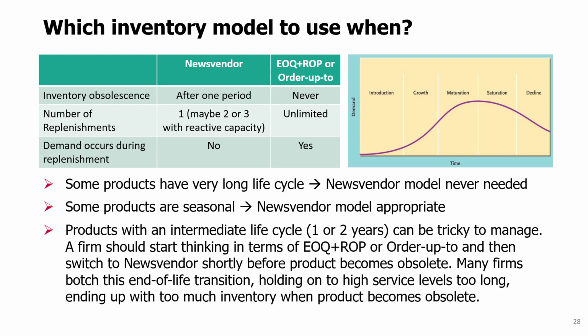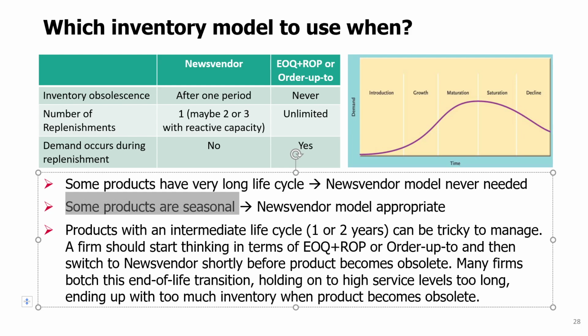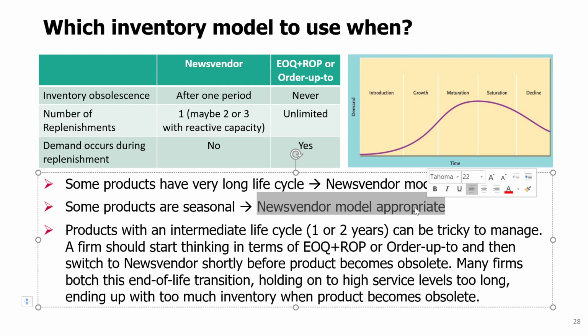Now, which inventory model do we use for which products? It all depends on where the product is in its life cycle. There are products that are seasonal, and for seasonal products that only sell in one season, the newsvendor model is appropriate. Some products have very long life cycles.